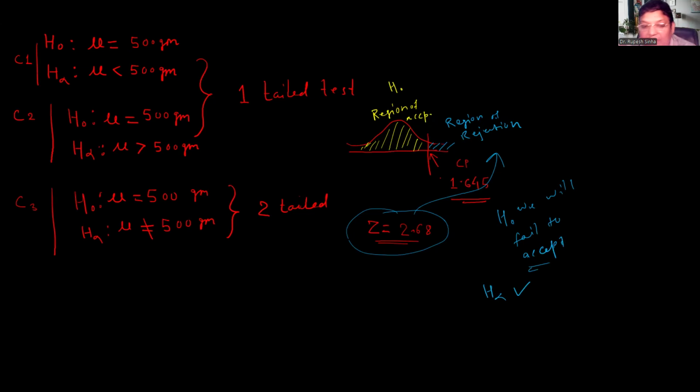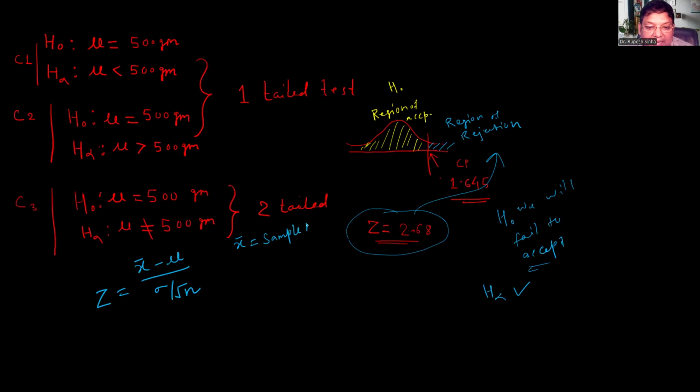How to do it? So the formula for z test is, I'm writing here, z equal to x bar minus mu divided by standard deviation by root n. Okay, what are these values? X bar is sample mean.